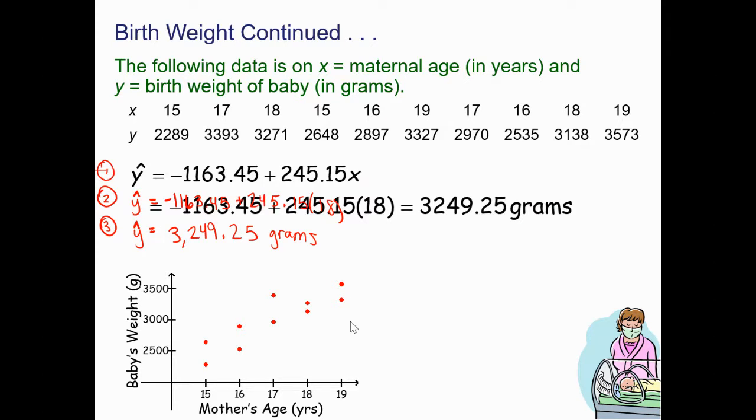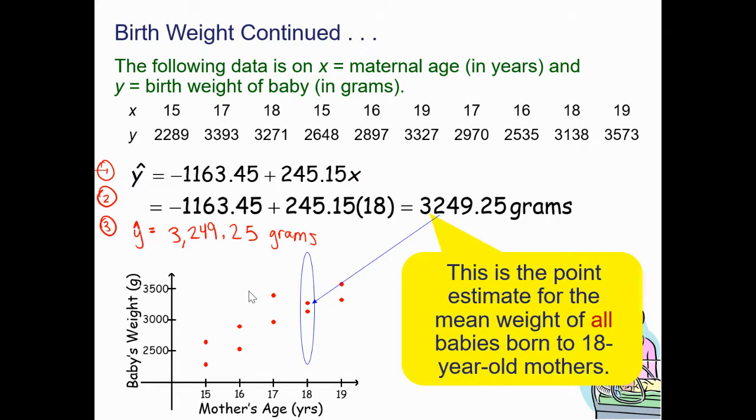I need to erase all my writing because it looks like gibberish. Okay, so this is the point estimate for the mean weight of all babies born to 18-year-old mothers.